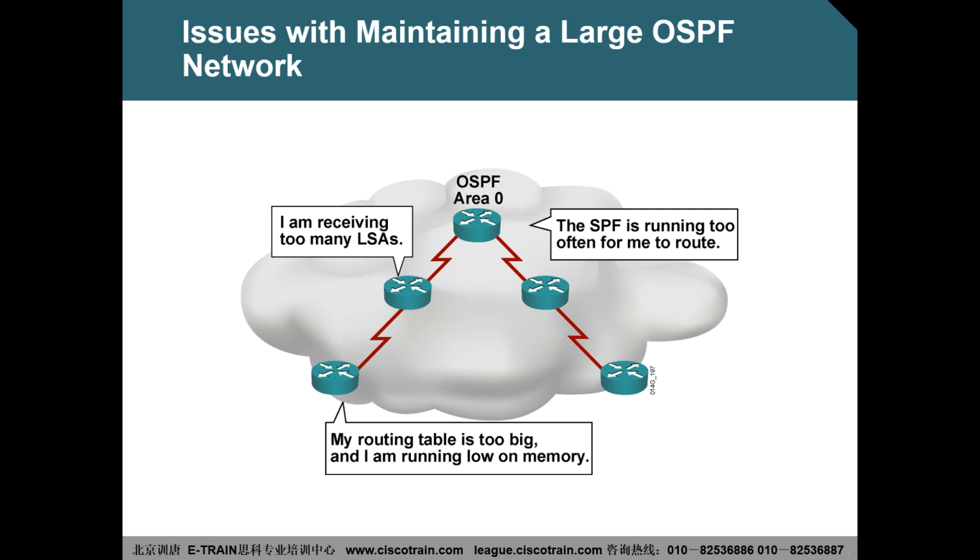Why are we having multiple types of LSAs? Why is there a need for types of LSA? Why can't it be one type? Why do we need many types of LSA?